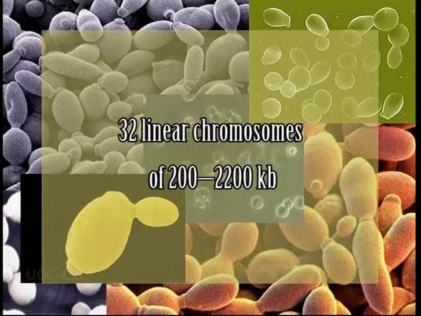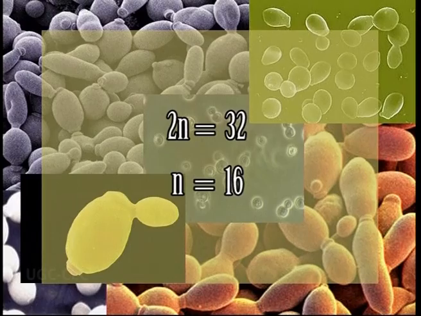The genome of Saccharomyces cerevisiae is very small and the chromosome number is also small: 32 linear chromosomes of 200 to 2200 kilobases. Thus, 2n equals 32 and n equals 16. The yeasts also show polyploidy. The Saccharomyces cerevisiae genome was sequenced in 1996.